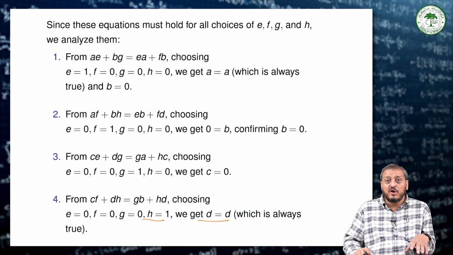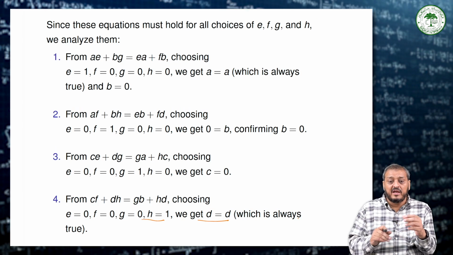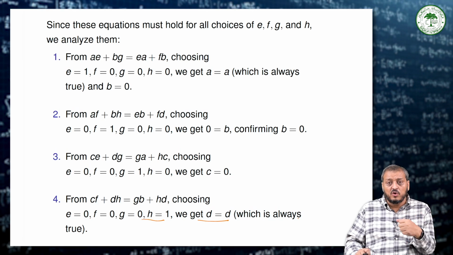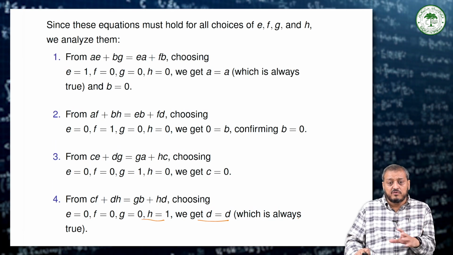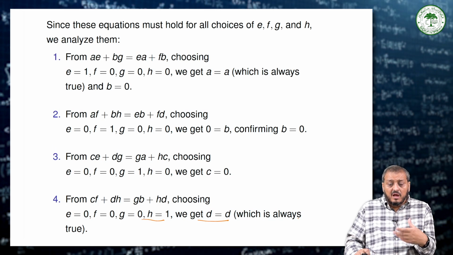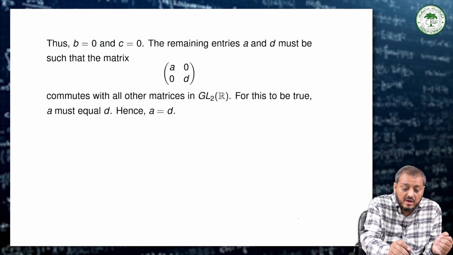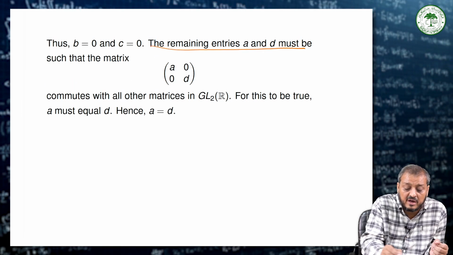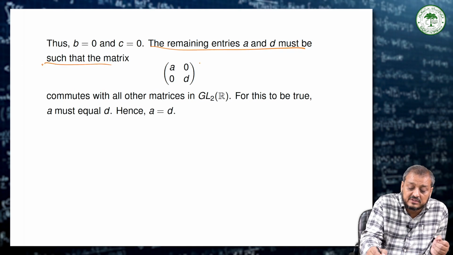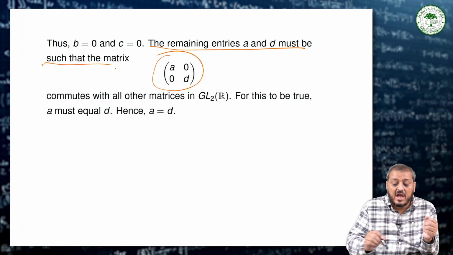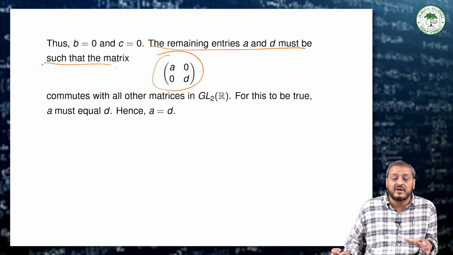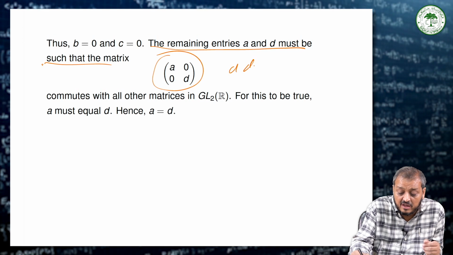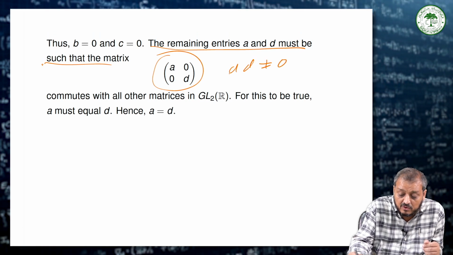So in general we have shown that B is equal to 0, C is equal to 0, and the remaining entries A and D are such that the matrix is of the form A 0, 0 D, with A and D not equal to 0.